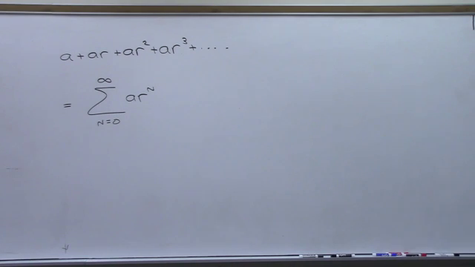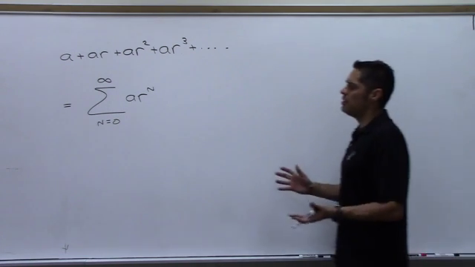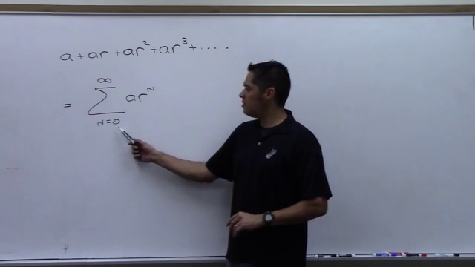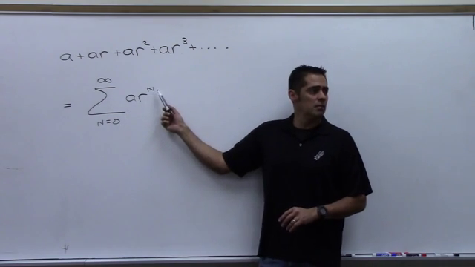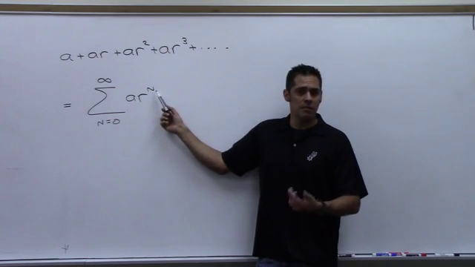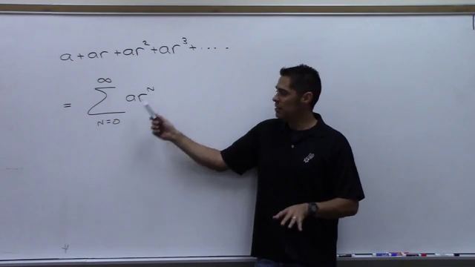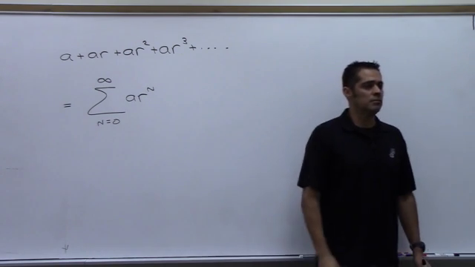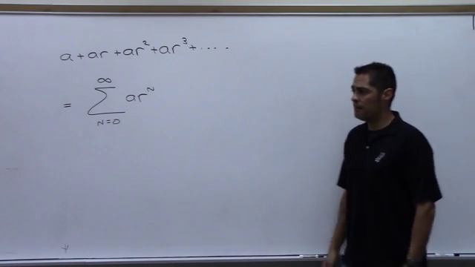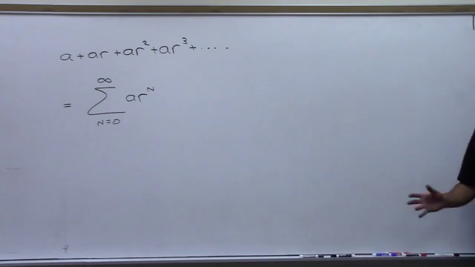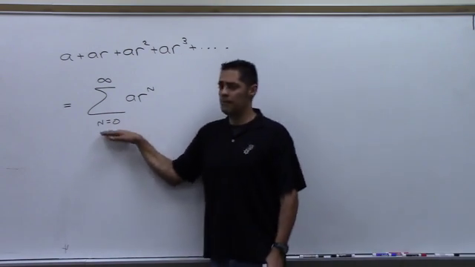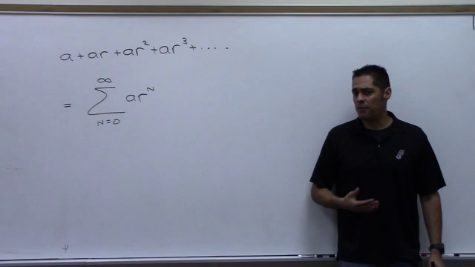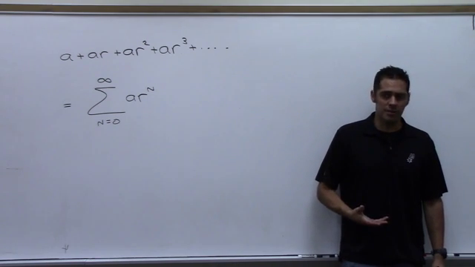Okay, so I'm asking you for the first time to just consider the idea that we're going to start our index at 0. If I start this at 0, I get AR to the 0, which is just A. Well, that's the question now. Does this notation create the same thing up there? Yes. It does, doesn't it? So what I'm telling you is that if we allow some flexibility within our indexing, and we allow n to start at 0, then you could have a different format for a geometric series.